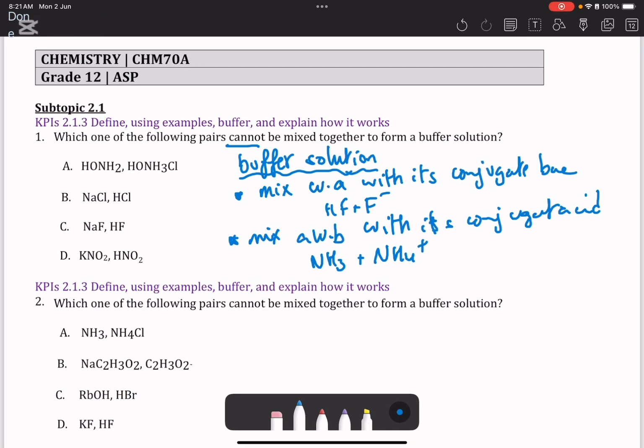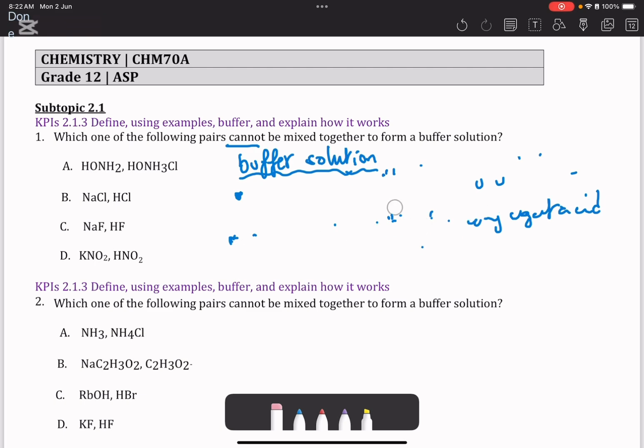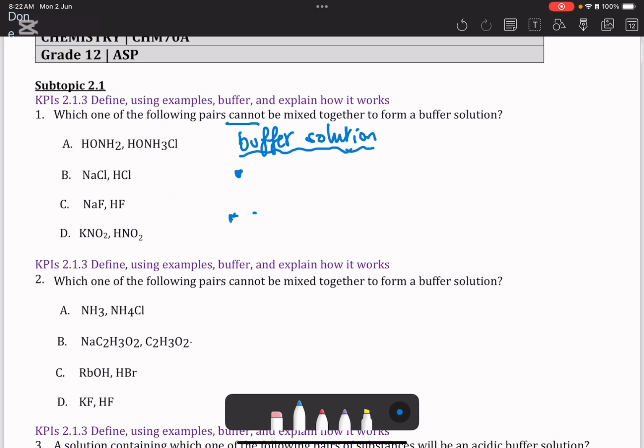These are two ways. Or you can also add a strong acid with a weak base. Like for example, I'm just gonna erase this option so I can write. So option number 3 is to mix a strong acid with any weak base, like for example HCl plus NH3, that's an option.